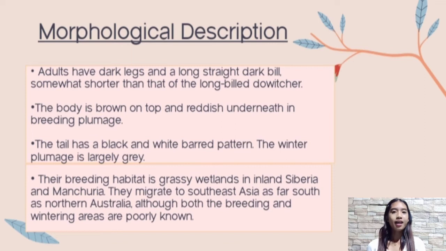The tail has a black and white barred pattern, and the winter plumage is largely gray. Their breeding habitat is grassy wetlands in inland Siberia and Manchuria. They migrate to Southeast Asia as far south as northern Australia, although both the breeding and wintering areas are poorly known.